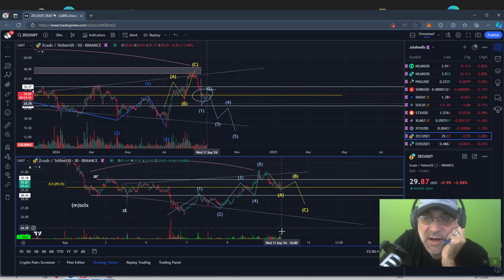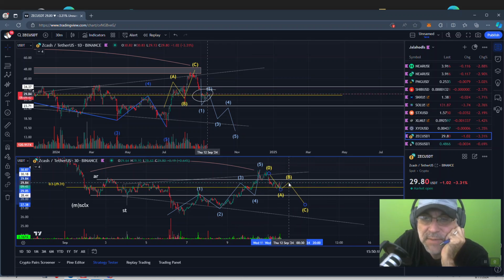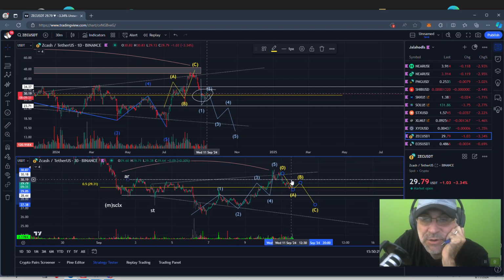So this volume spike here would necessitate the B wave on the micro, but I don't see this. Despite all this volume, I see a failure to rally past the micro resistance, or TRR on the micro.